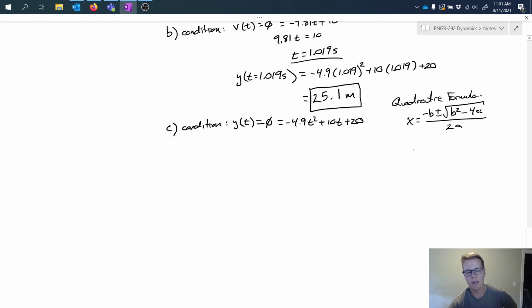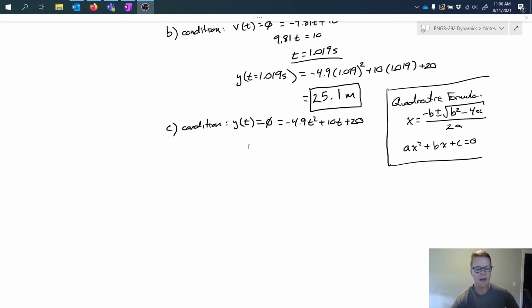And this is when your function is of the form ax squared plus bx plus c equals 0. So we can evaluate this quadratic formula to solve for t by plugging in all of our values. In this case, we have a, b, and c that we would plug into this formula.